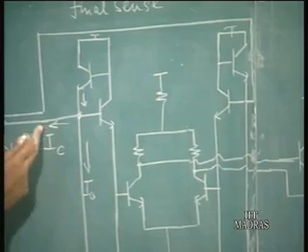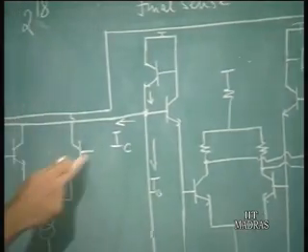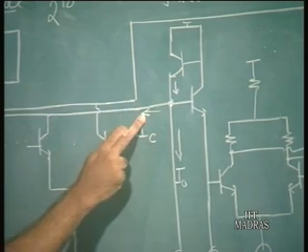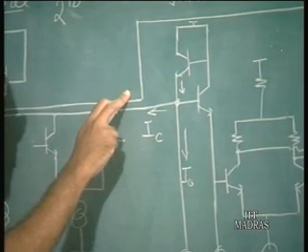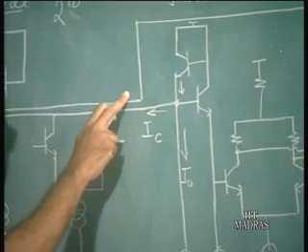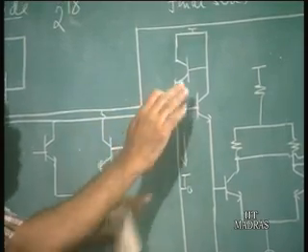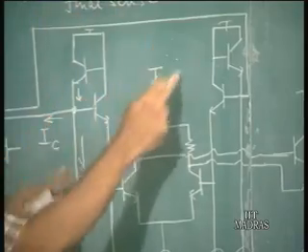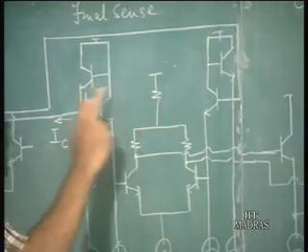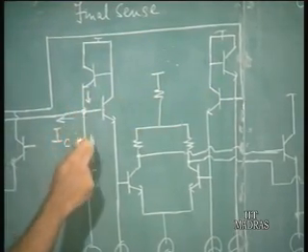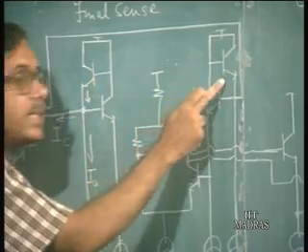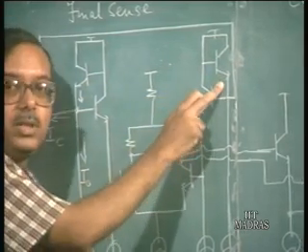So, if you look at the output of this differential amplifier stage, between the two lines only one line is going to carry appreciable current, the other line is not going to carry current. So, if you look at these two transistors, they are identical. In one case the emitter current of this is I naught plus IC, and in the other case it is only I naught because IC is almost 0.